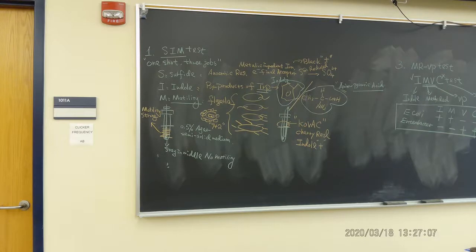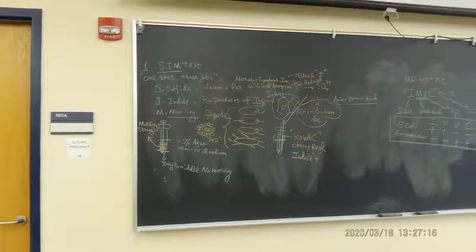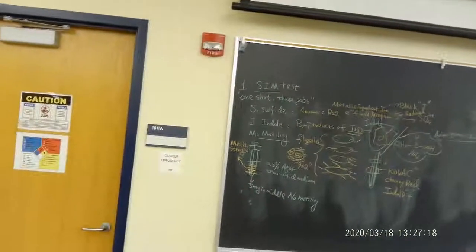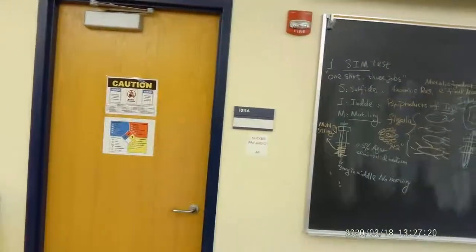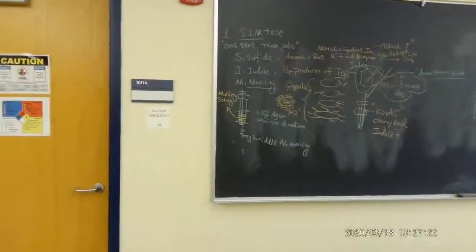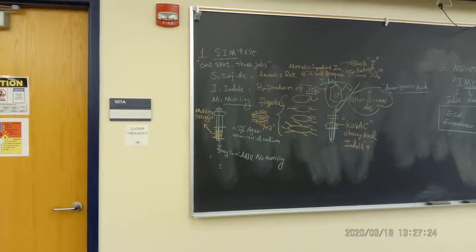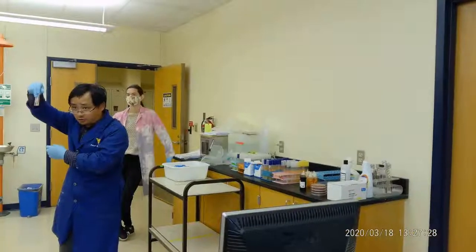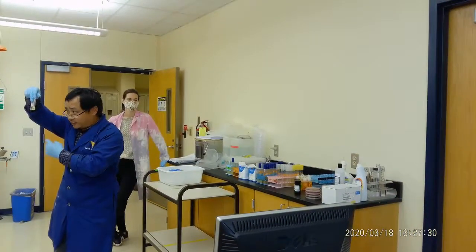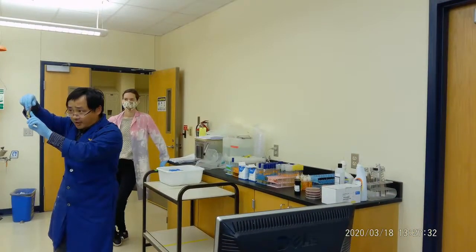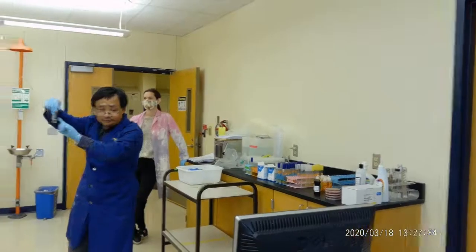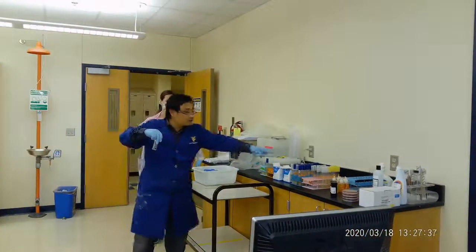Okay, now I want to make sure one thing. For the MRVP test, it is a little bit different because this is specifically testing enterobacteria and E. coli. So I want you guys, everybody gets 2. 1 for E. coli, 1 for Enterobacter. Enterobacter is right here, EA.